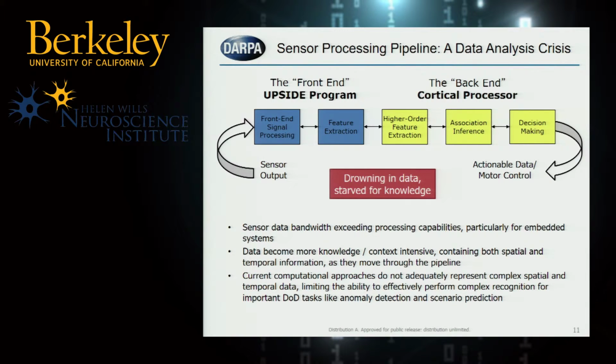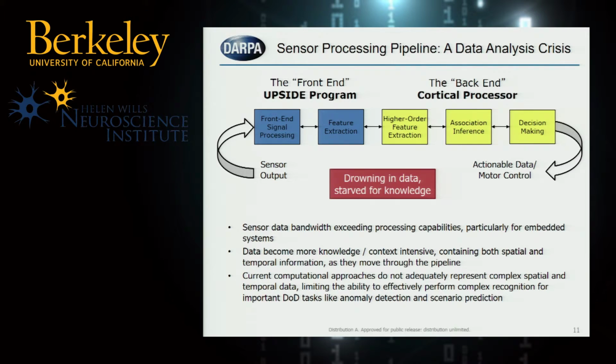The next question is where do I go next with this? If you look at a sensor data processing pipeline, and this is sort of a cartoon, real pipelines tend to be far more complex than this. And some of you have seen, I've shown this graph many times before, but the front end, we know the algorithms. We're able to build highly optimized silicon to do some of these algorithms.